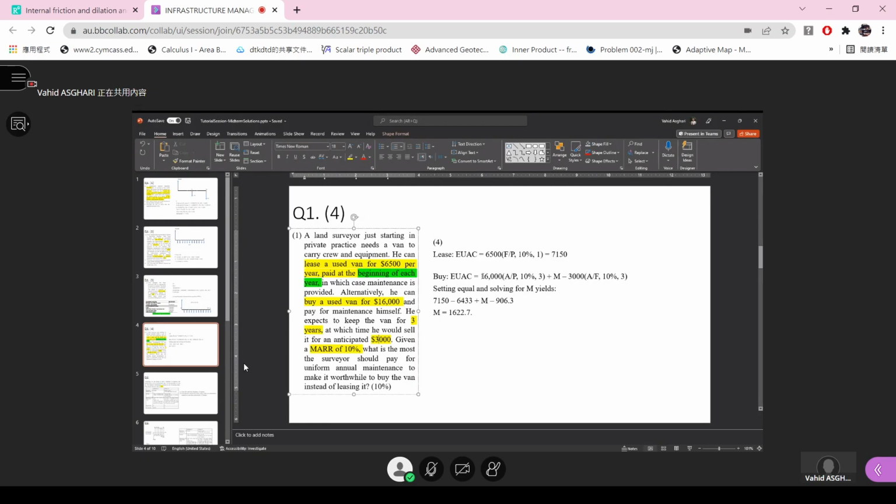As you can see, simply if we find the equivalent annual payments or costs, set both equal to each other, and then we can solve for m. The m should be 1,600. The maintenance cost should be about 1,600 something.